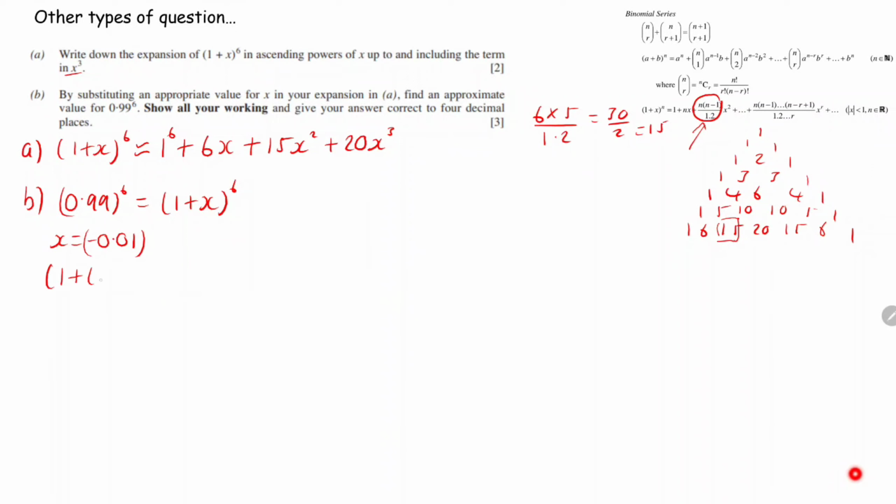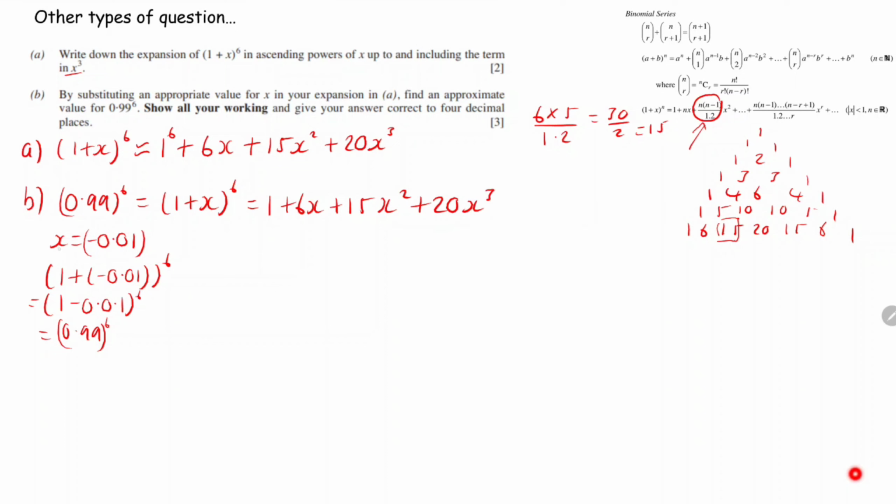We can prove that by substituting it in. So 1 plus minus 0.01 to the power of 6 would be equal to 1 minus 0.01 to the power of 6, which will be equal to 0.99 to the power of 6. Now, we've already shown that 1 plus x to the power of 6 can be written as 1 plus 6x plus 15x squared plus 20x to the power of 3.